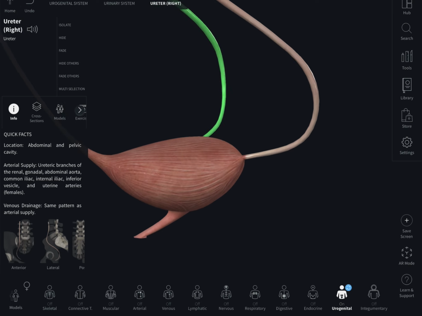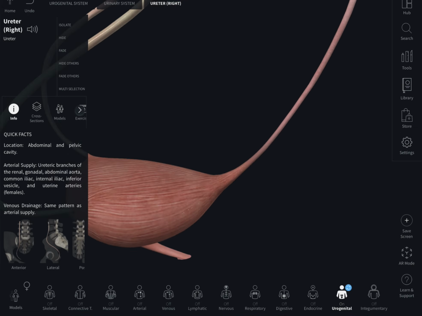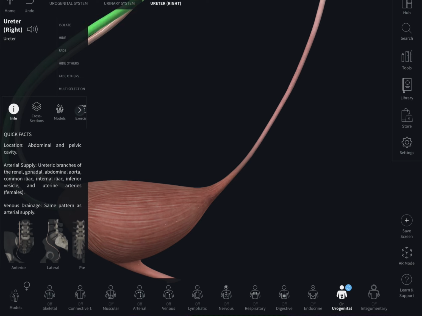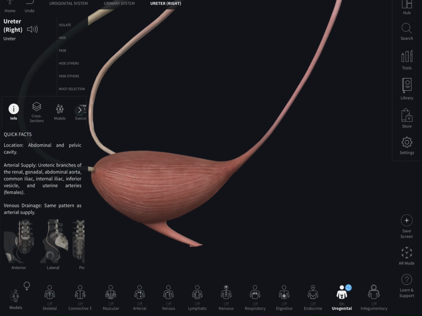The lateral border is present over here, which separates the superior surface and the inferolateral surface. Similarly, it is present over here also, which will separate the superior and inferolateral surface.